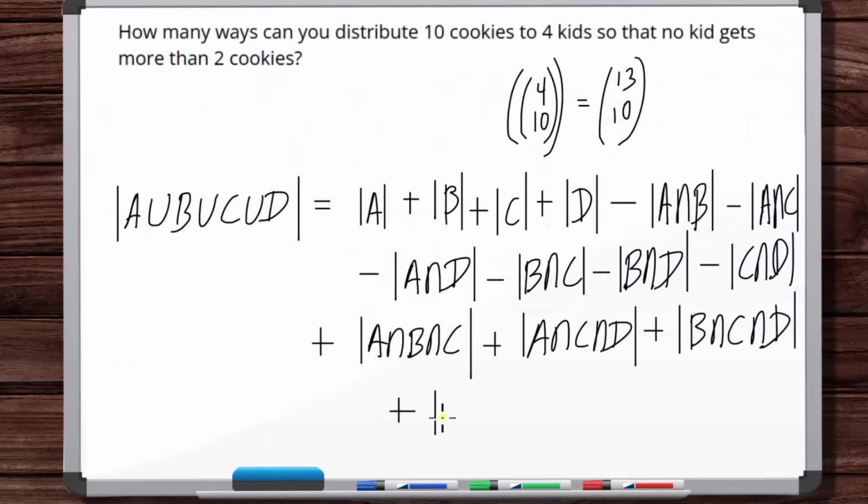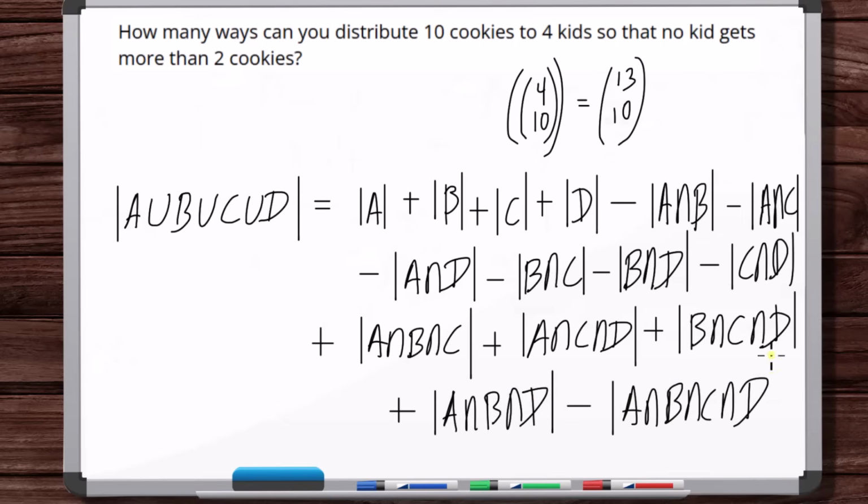A intersection C intersection D, no, we already did that. A intersection B intersection D. Yeah, A intersection B intersection D. Okay, now we want to subtract A intersection B intersection C intersection D. So there we go. Now let's start filling this out.